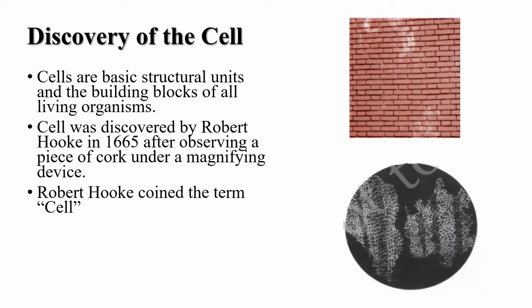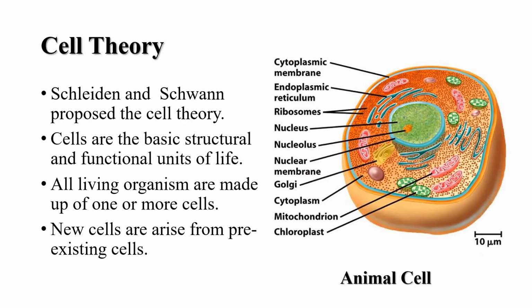He named them cells. Another scientist, Anton von Leeuwenhoek, in the year 1670 described cells after studying a drop of pond water. Years later, as microscopes improved, other biologists were able to continue the work of Hooke and Leeuwenhoek, learning more about cells.